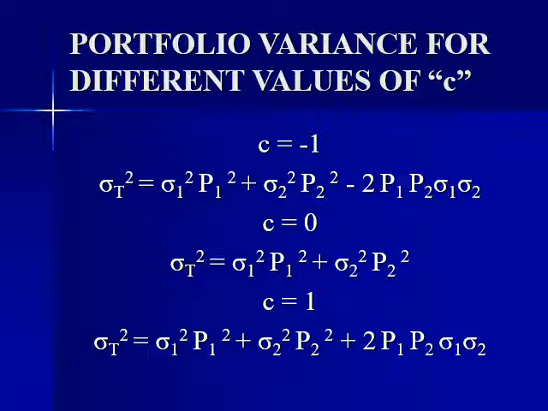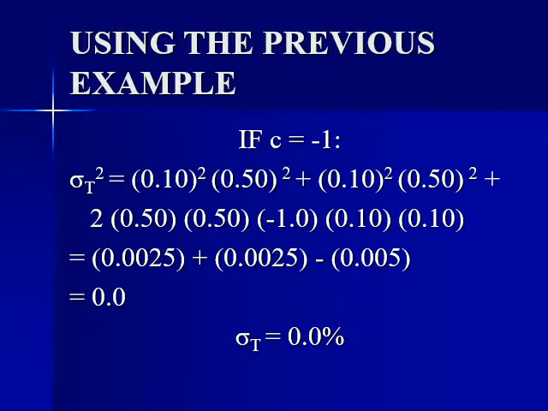If we have a positive correlation, we're adding to variance. But the question is, where are we at within that -1 to a +1?